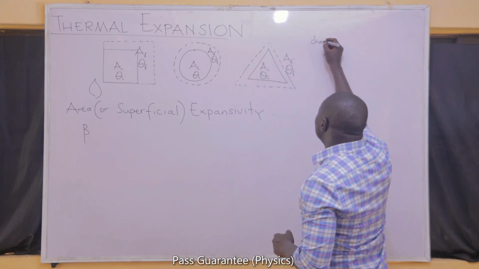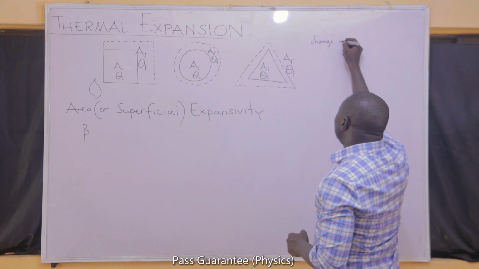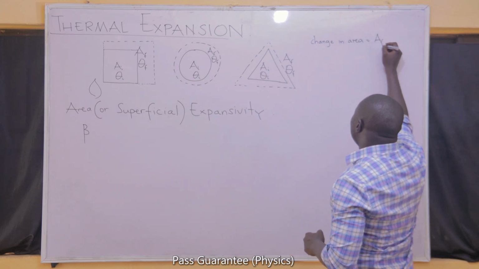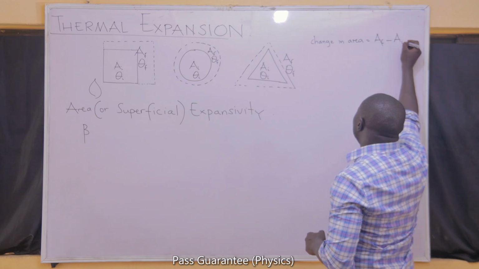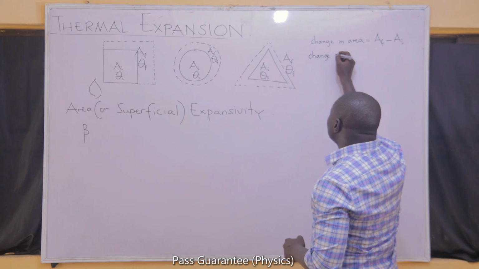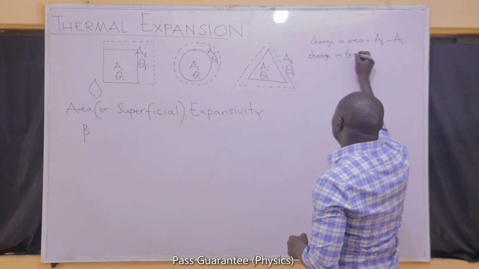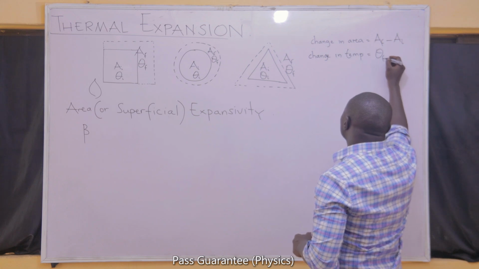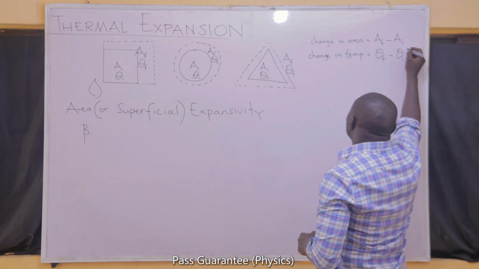So here, I can be asked to find the change in area. I will need to get the change in area. The change in area is definitely the final area minus the initial area, while the change in temperature is the final temperature minus the initial temperature.